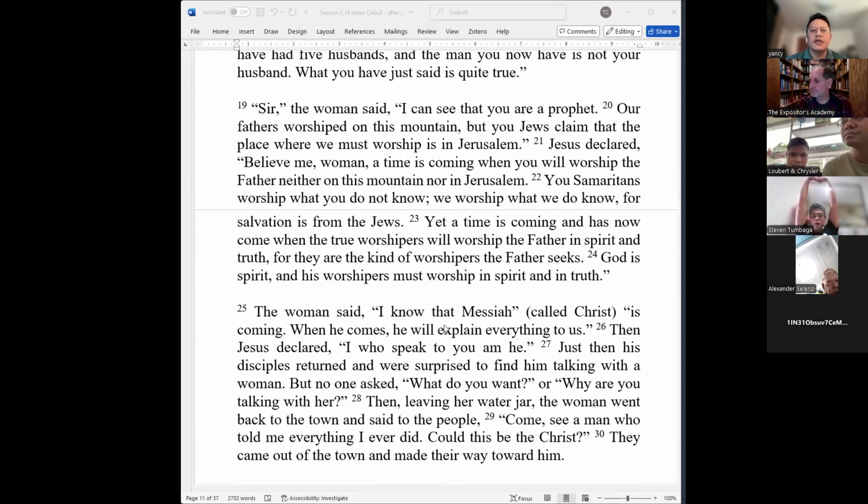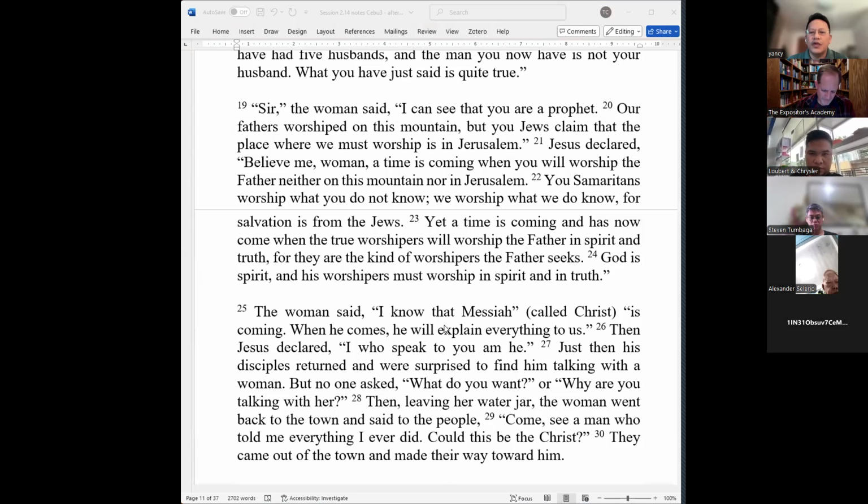Our fathers worshipped on this mountain, but you Jews claim that the place where we must worship is in Jerusalem." Jesus declared, "Believe me, woman, a time is coming when you will worship the Father neither on this mountain nor in Jerusalem. You Samaritans worship what you do not know.